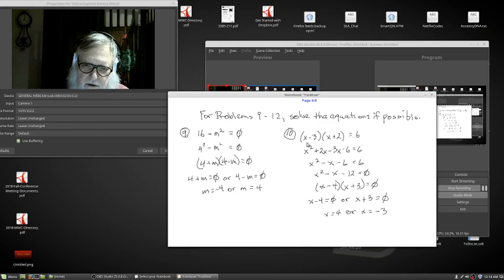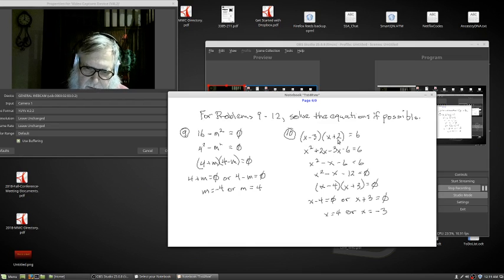Now our next equation is a little more involved because we have to multiply the product of factors out first and then bring the constant term over and see if we can still factor that new expression out. So if we use the FOIL method and multiply x minus 3 times x plus 2, we get x squared.